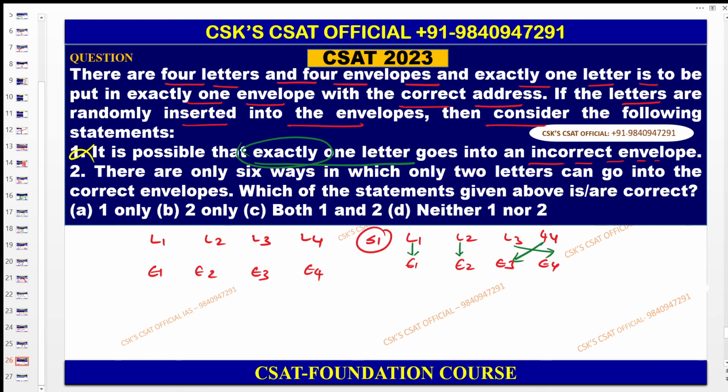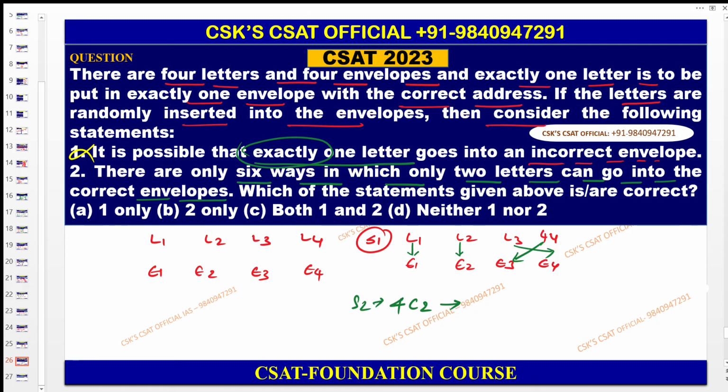Now try to understand, this one is a very important thing you need to understand here. Okay. There are 6 ways in which only 2 letters can go into the correct envelope. Which of the following statements is or are correct? Okay. How many letters are there? 4. 2 letters go into the right one.